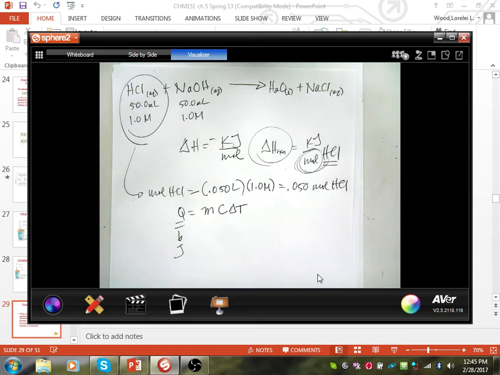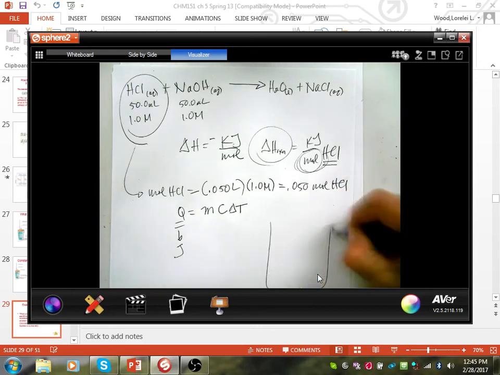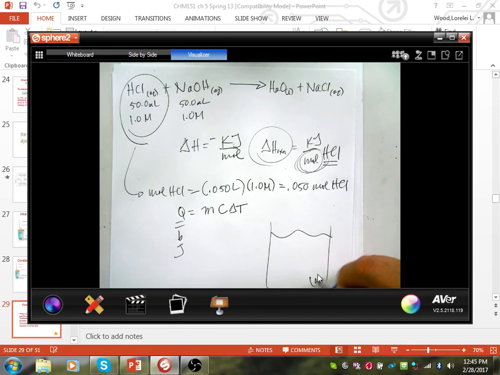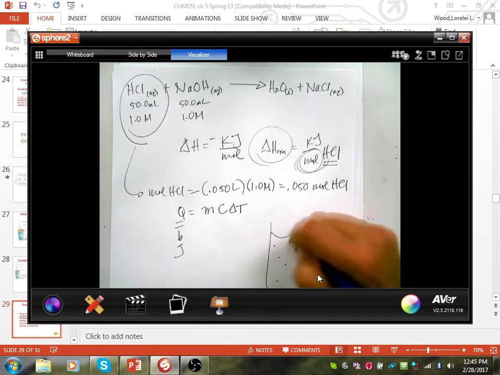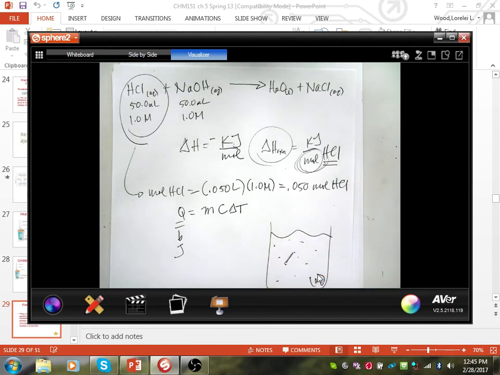Let's step back and think of what's happening here. Here's my reaction container. I got my liquid water, my aqueous solution. I got little pieces of acid and base now that once they get together, they make a reaction and the Q goes out into everything around them. So what mass would I use?